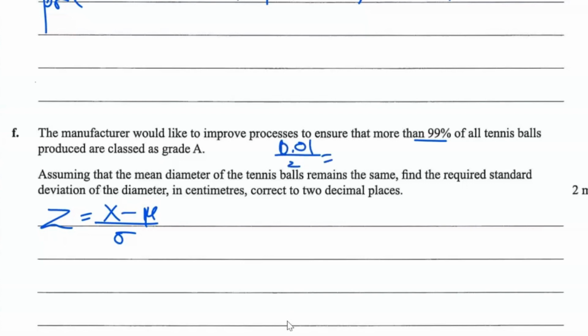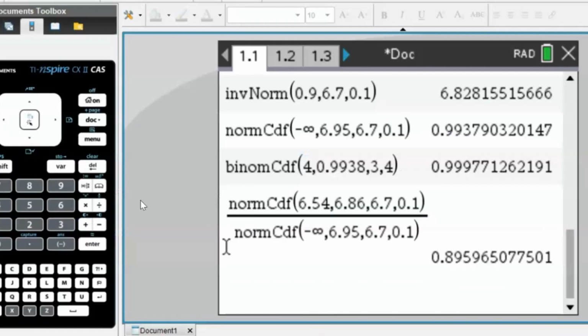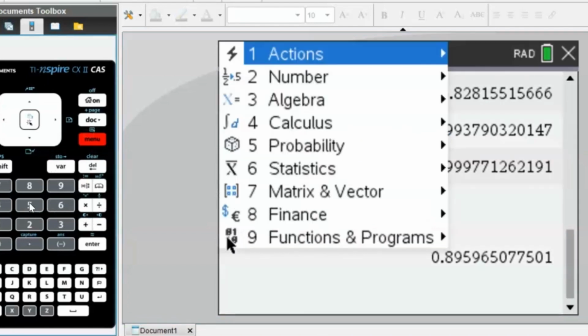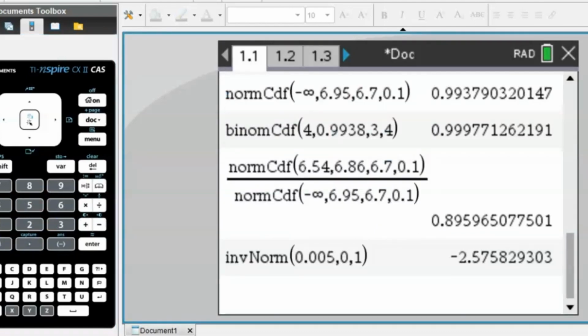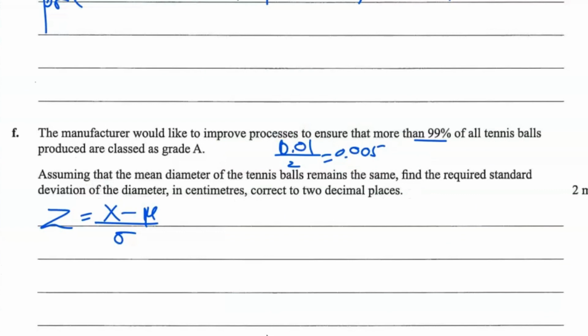So 0.01 divided by 2 is 0.005. So what's my Z value? Menu 5, 3, inverse norm 0.005, so the negative 2.58 equals 6.54 minus 6.7 divided by sigma.